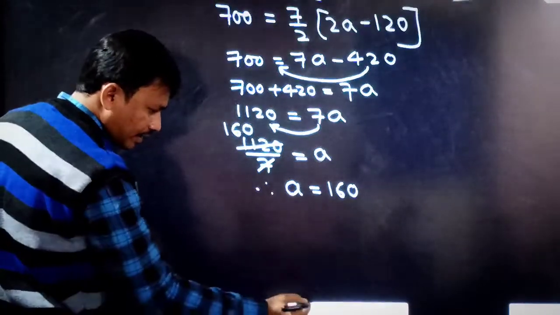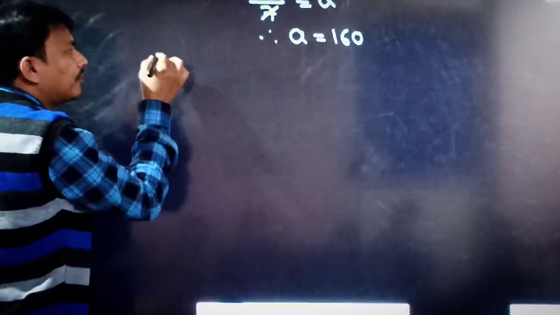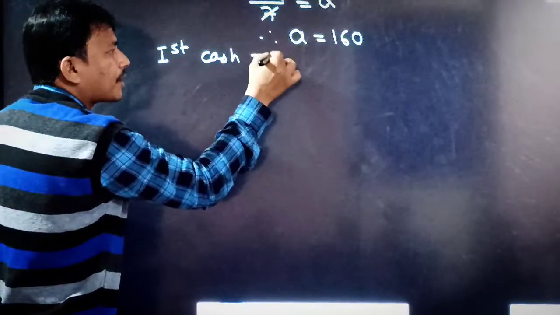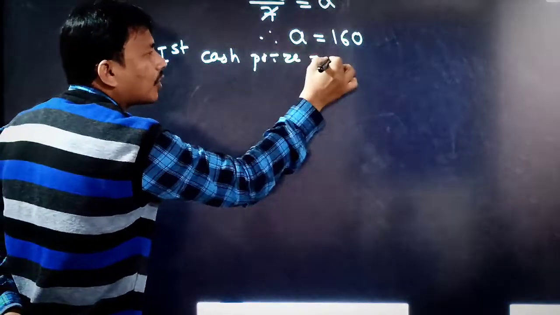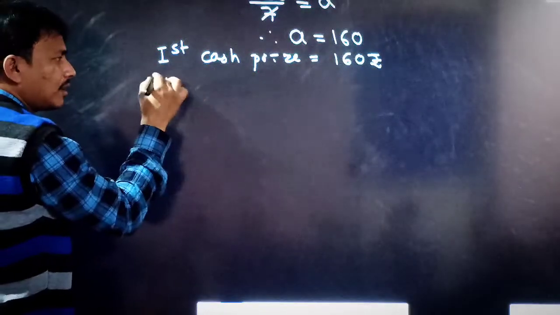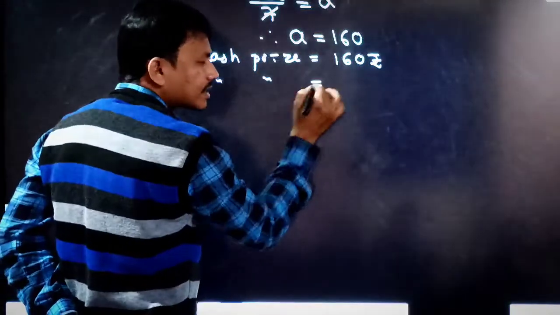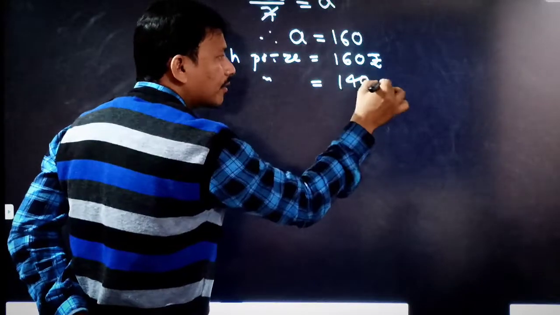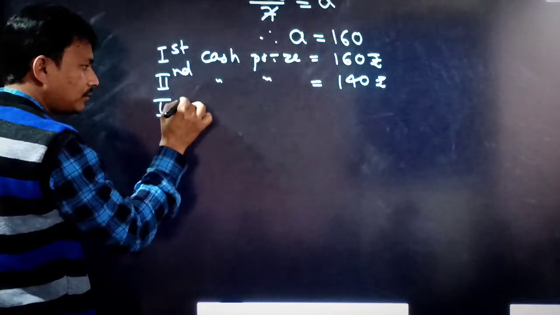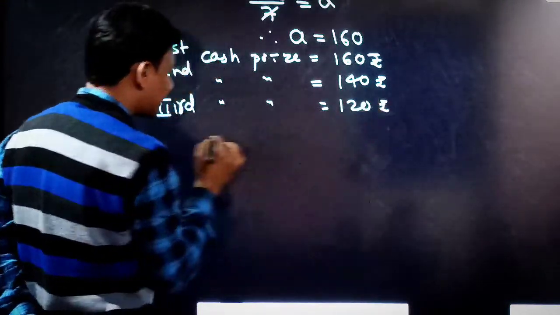That means the first cash prize is equal to 160 rupees. The second cash prize is 20 rupees less, 140 rupees. Then the third prize is equal to 120 rupees.